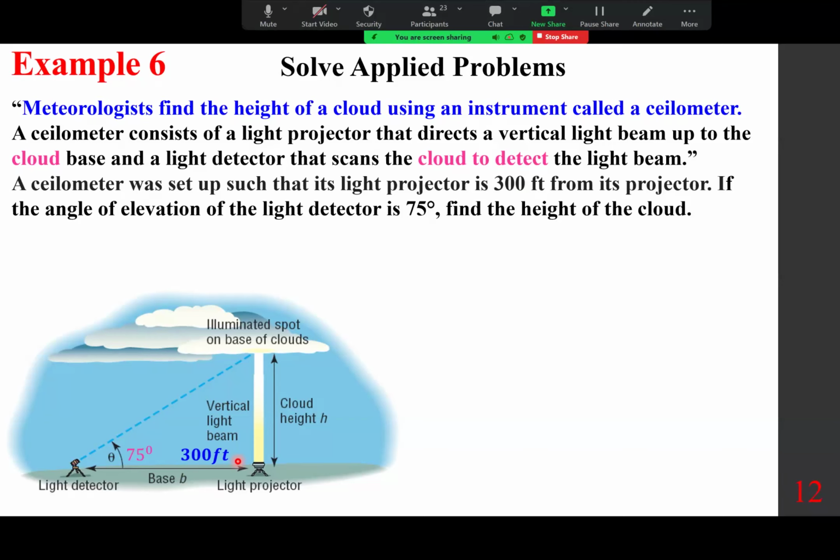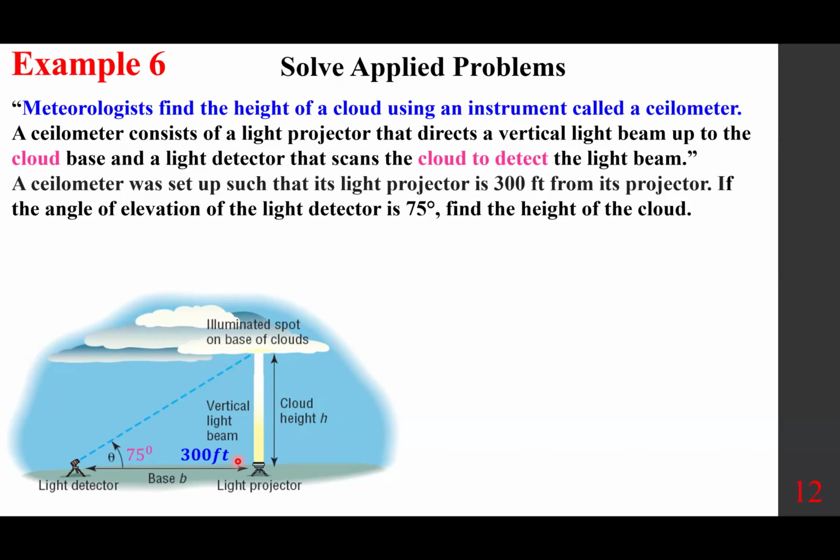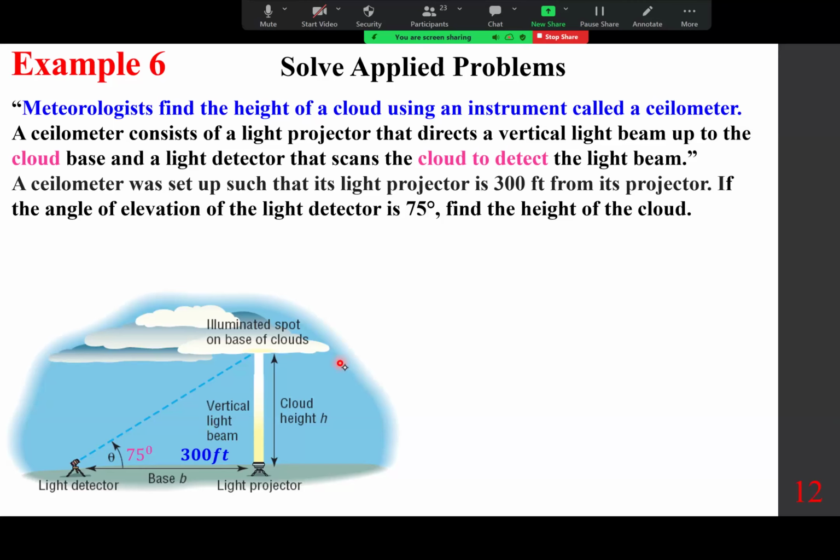So I hope it's clear to everybody. Angle of elevation, 75 degrees, 300 feet from the projector. So basically this is the case, and let's just rewrite it in this fashion. So this distance is 300 feet, this angle is 75 degrees, and this height is missing. That's it. Therefore, all we have to do, this is theta, remember that.